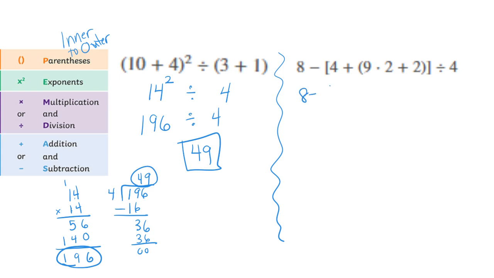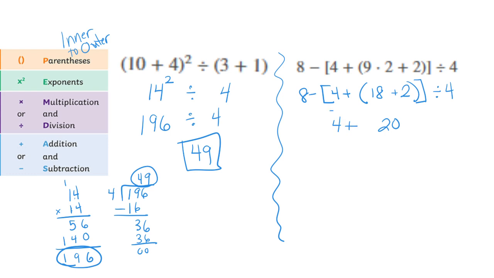So I'm going to leave everything else alone for now, plus, and then I'm going to have that 9 times 2 is 18. Now if you're starting to feel more comfortable, you might have been able to do a couple steps there. 18 plus 2 is 20. Do you feel like you could have done 9 times 2 and then plus 2 all in one shot?